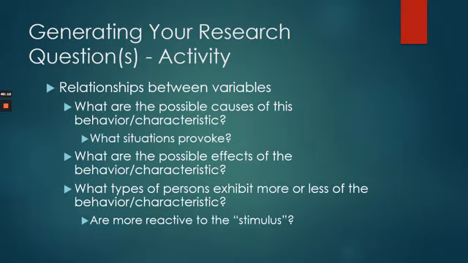Things like, what are the possible causes of this characteristic? So if I'm interested in narcissism, what causes narcissism? If I say narcissists are more aggressive than non-narcissists, well, are there certain situations where this occurs more often? And the answer is actually yes, under ego threat.